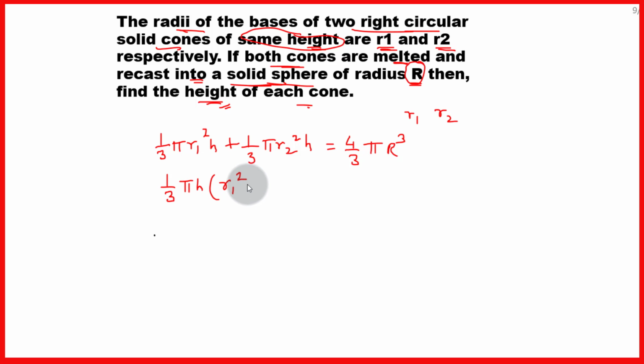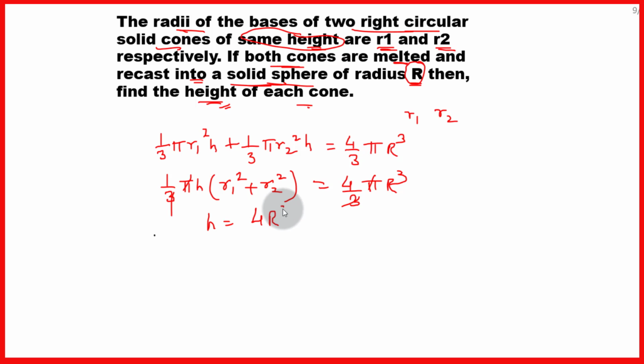So inside the bracket it will be r1 square plus r2 square. Close the bracket, which is equal to 4/3 pi r cube. Here this 3 will get cancelled, pi will get cancelled, and you have to find h. So keep h to this side and take r1 square plus r2 square to the other side.